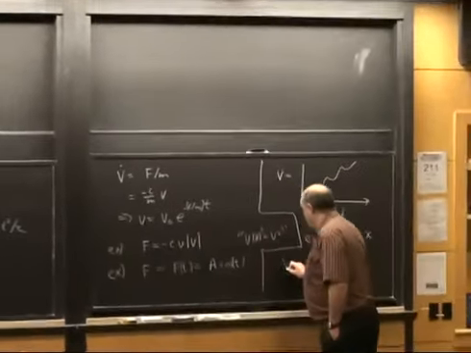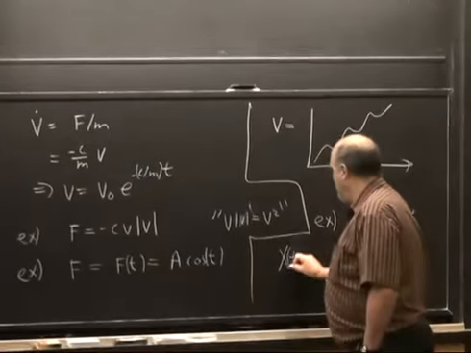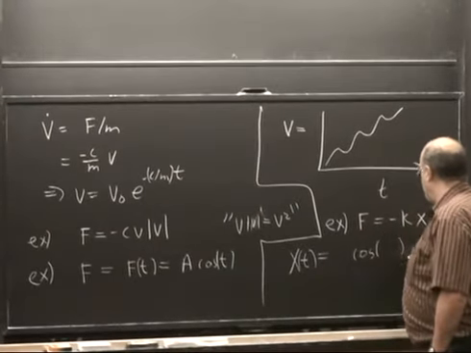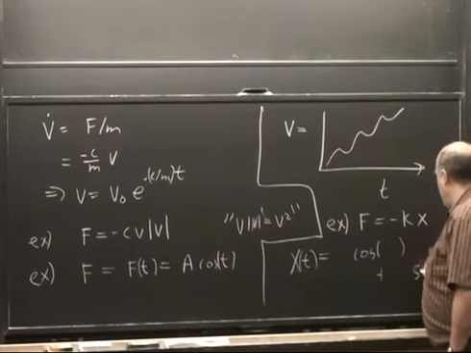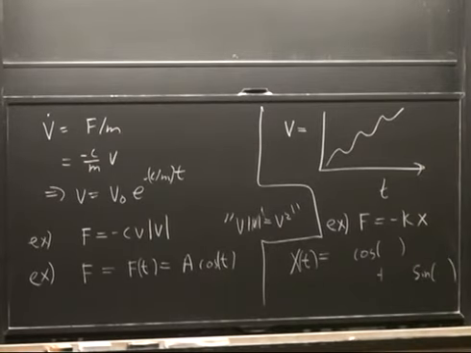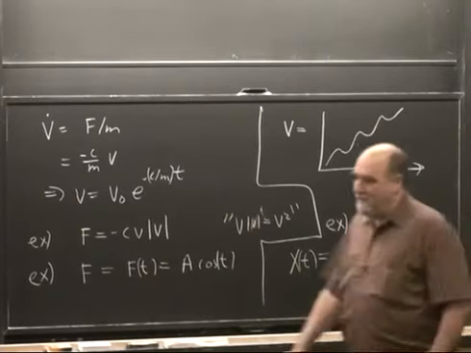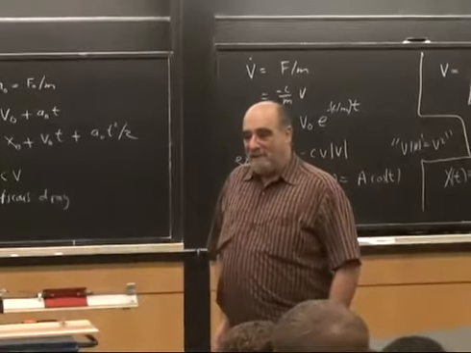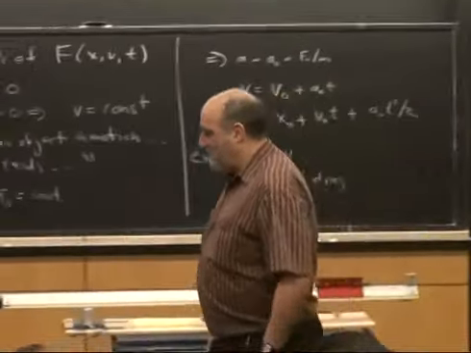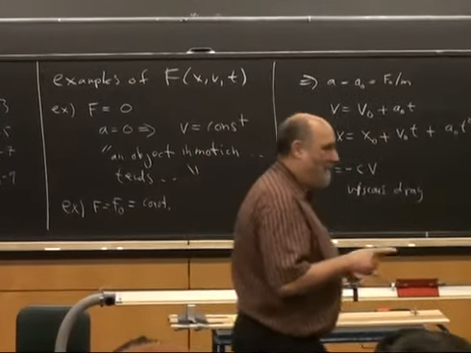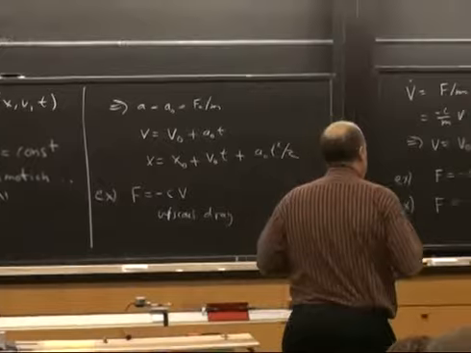So what we know from this is that x of t is some kind of cosine function of t plus some kind of sine function of t. You can't tell the difference. Both of these are called sine waves. It depends on when you start time or what the initial conditions are. For example, if I start here at rest, then it's clearly cosine as a function of t, whereas if I start here with some velocity, it's a sine function of t, and I can do some mixture of the two.